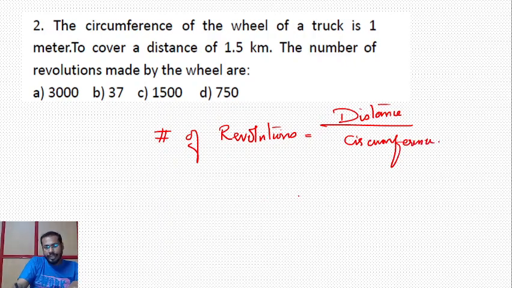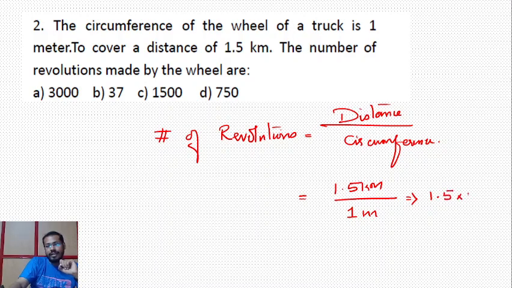Distance is given as 1.5 kilometer, and the circumference of the truck wheel is 1 meter. Here we need to convert 1.5 kilometer into meters, so into 1000. So 1500 is the right answer.